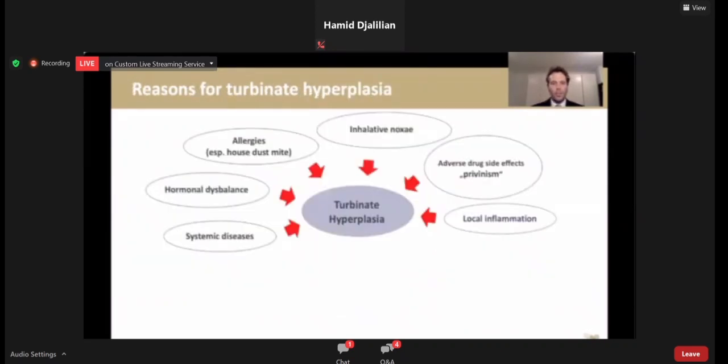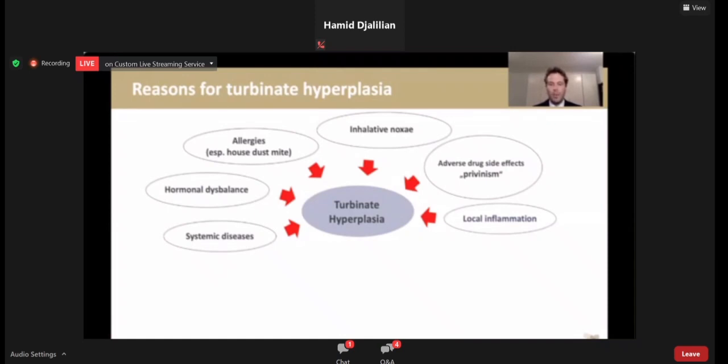Now, when we have a look at turbinate hyperplasia, there are several reasons which can lead to it. There we have allergies, especially house dust mite. You all know that house dust mite patients complain mainly about a blocked nose, and also a dry nose, but there are other reasons you see over here which can lead to turbinate hyperplasia as well, like inhalative noxae, hormonal imbalance, systemic diseases, adverse drug side effects.